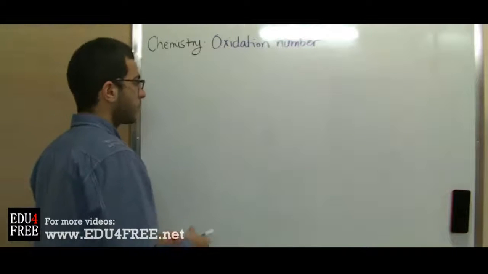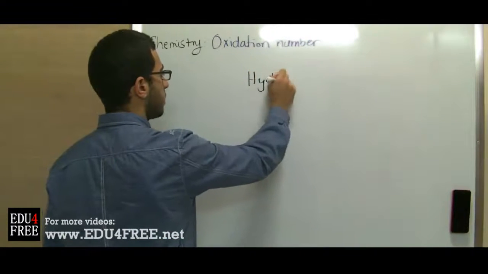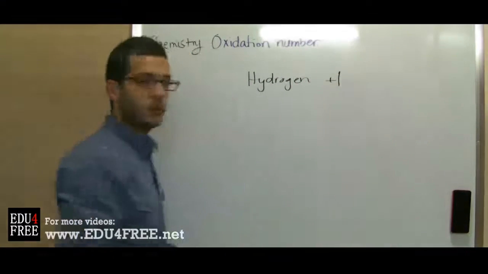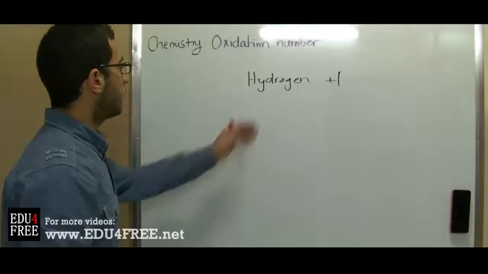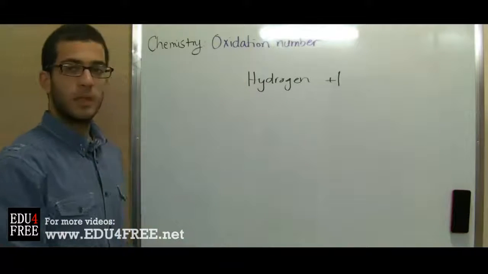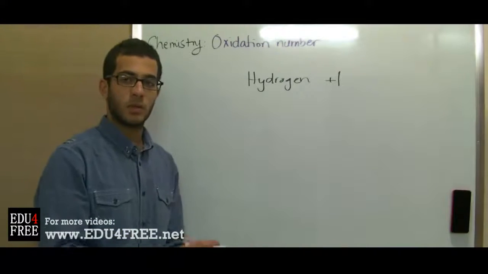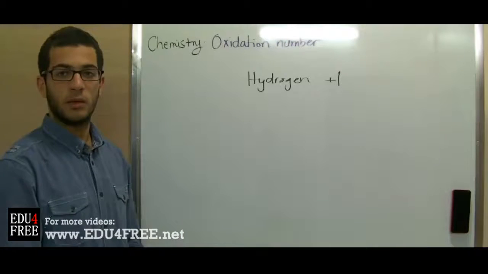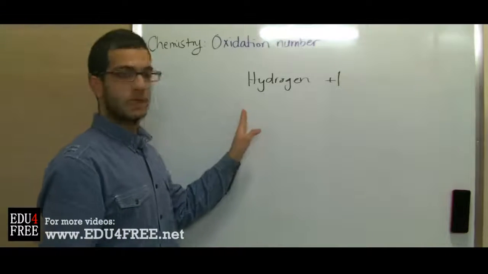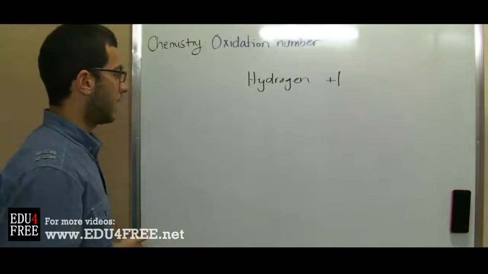Also, hydrogen has an oxidation number that varies in some rare cases. For example, we said that hydrogen's oxidation number is +1, as in the previous example. But what if hydrogen reacts with a metal? We all know that metals are always positive ions. They form positive ions because they lose the electrons in their outermost energy levels. So if the metal is positive and the hydrogen is positive too, no reaction will take place.